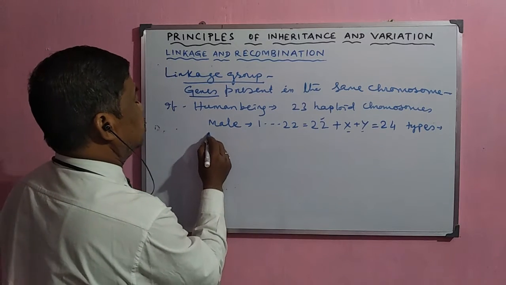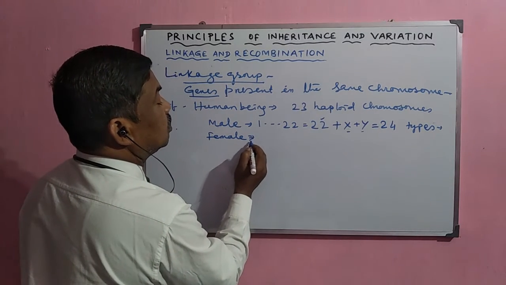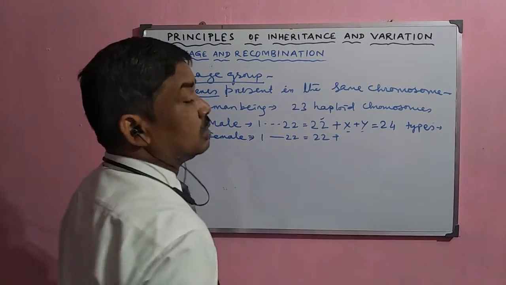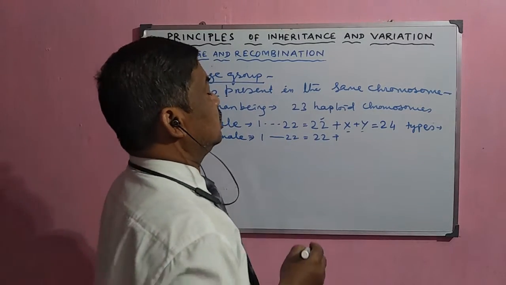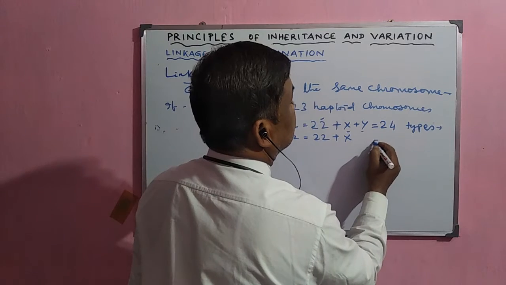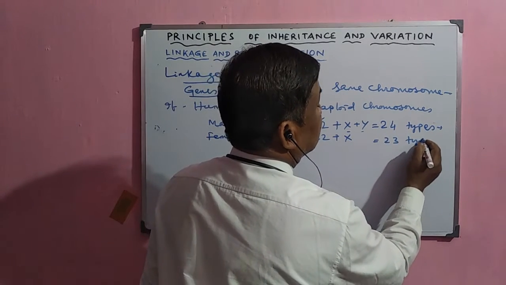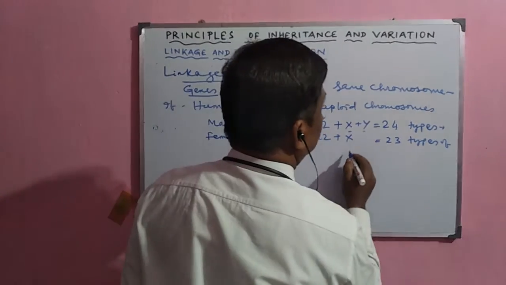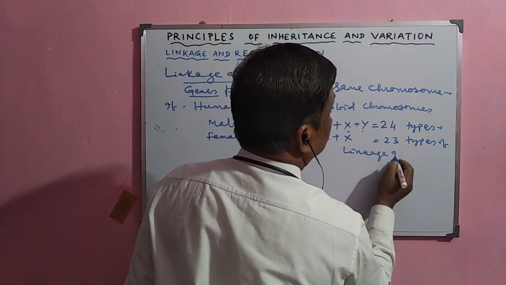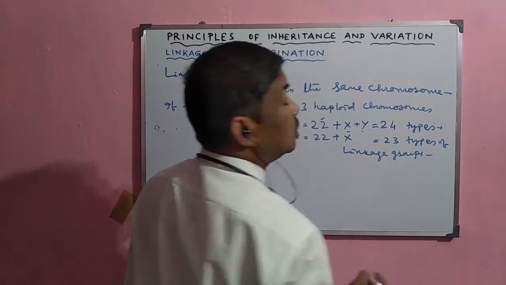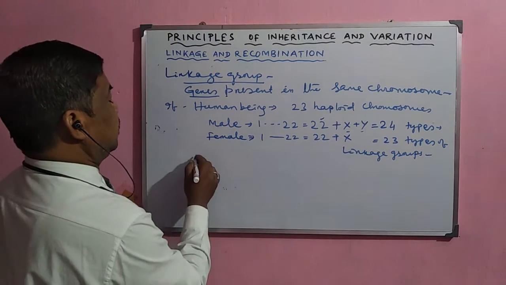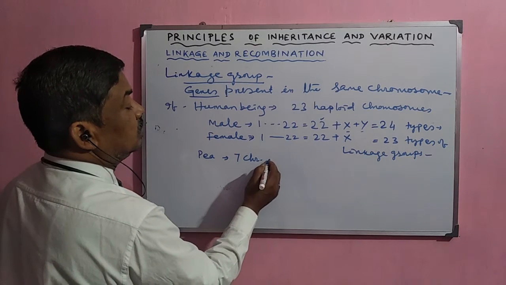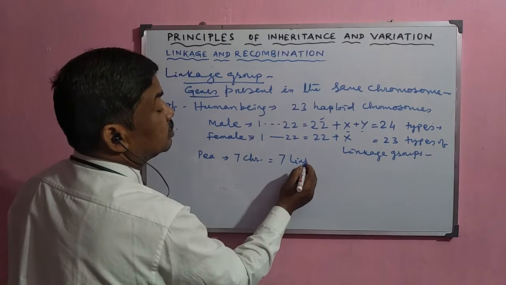In the case of a human female, the autosomes are the same, 1 to 22, but the allosomes are of one type only, the X chromosome. So there are 23 types of linkage groups in a human female. In the case of the pea plant, there are 7 chromosomes, so there are 7 linkage groups.